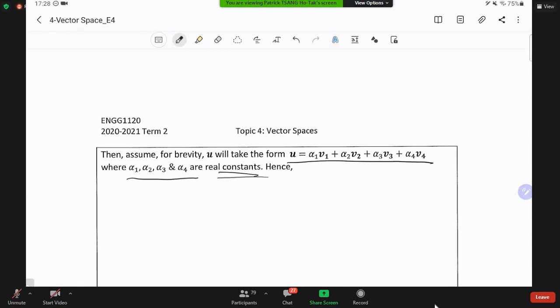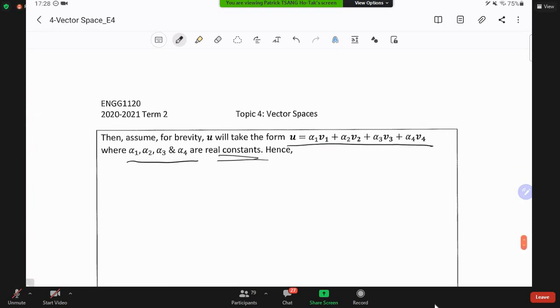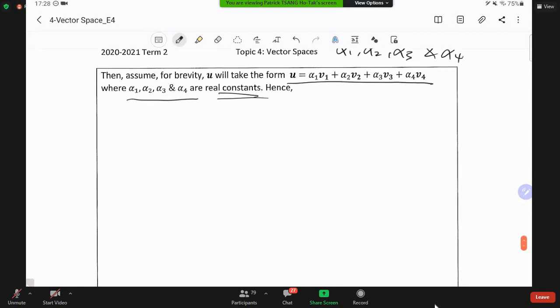So our job is to find alpha 1 until alpha 4. This is our target. Let me put it down: our target is to find all of alpha 1, alpha 2, alpha 3, and alpha 4. I use another color.